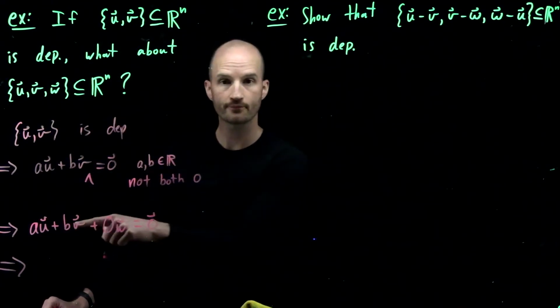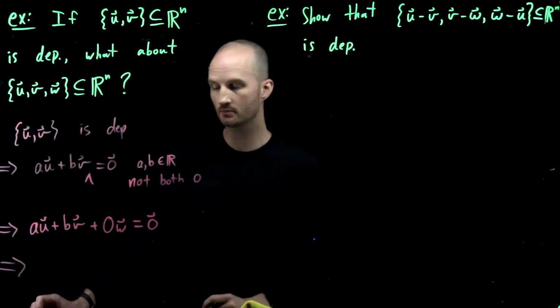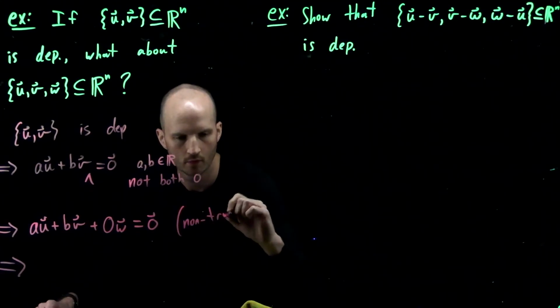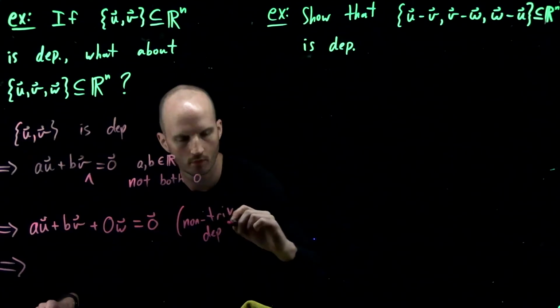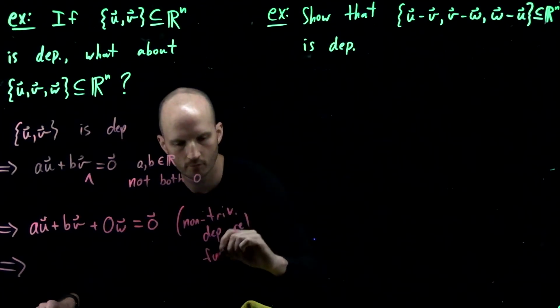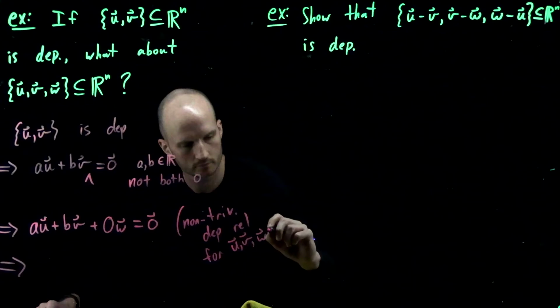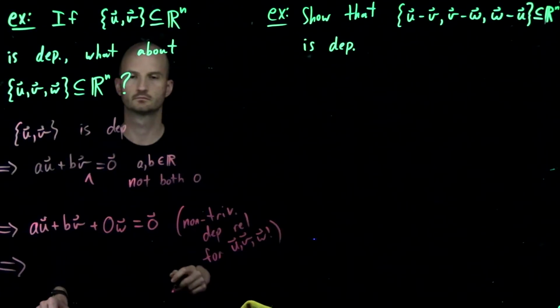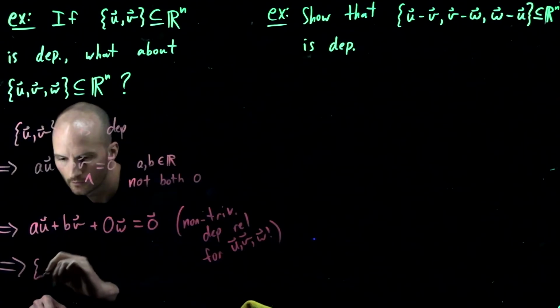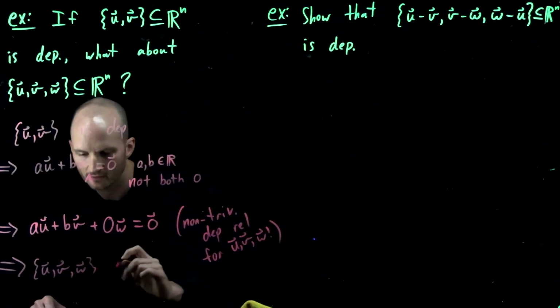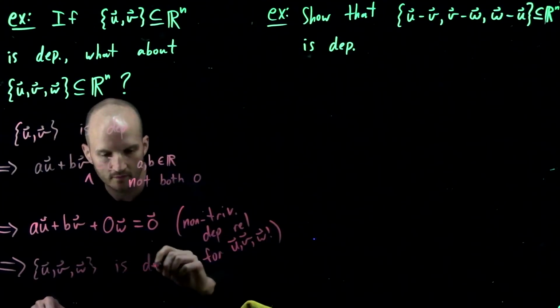And this right here is a non-trivial dependence relation for the vectors U, V, and W. So U, V, W, by definition, is dependent.